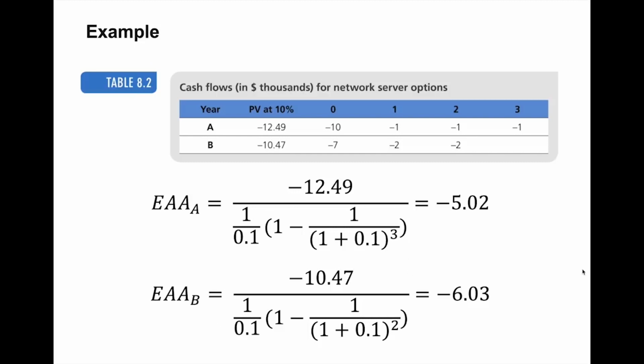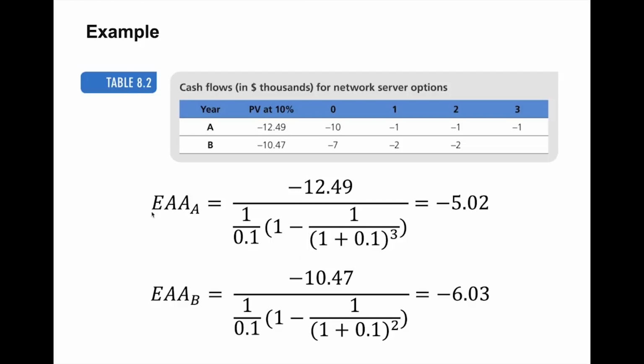So we need to be careful here. We can see that if we looked at the net present value of these two projects, we might be quick to assume that project B or option B is better because it costs us less. But because these two projects have different lives, we need to make sure that we're evaluating them properly.